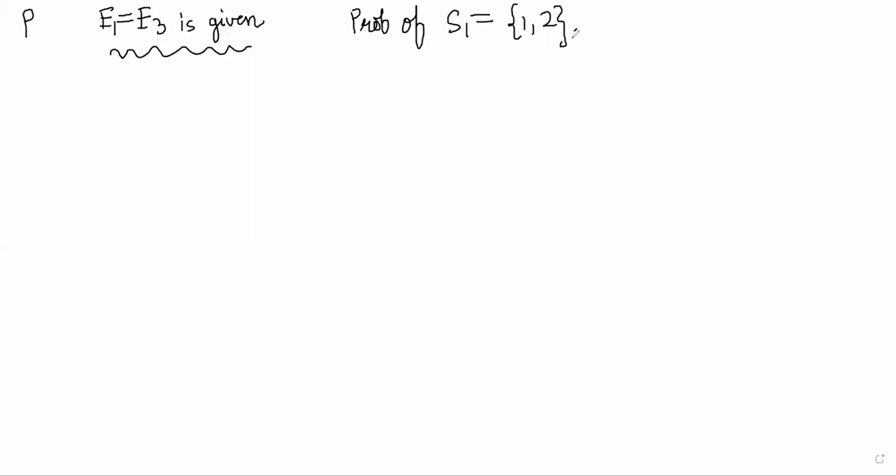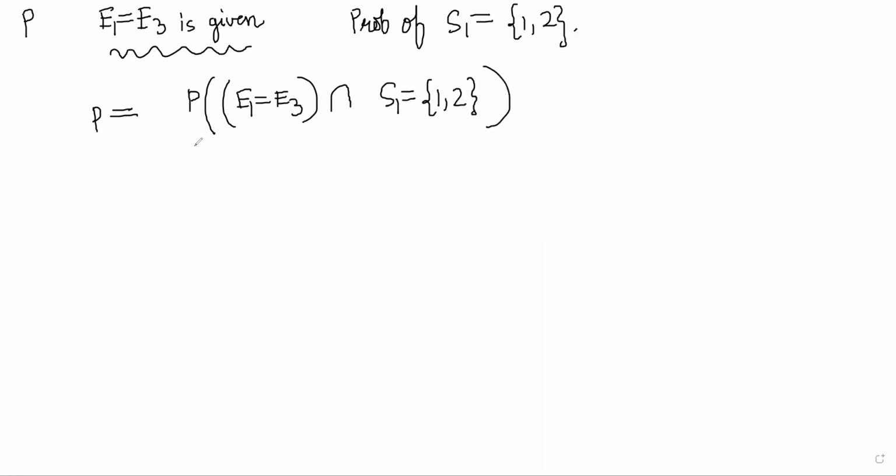Great. So how do we calculate conditional probability? P should be equal to the probability of this event and this event, the intersection of these two, right? So the probability of E1 is equal to E3, this event, intersection with S1 being {1, 2}, divided by the probability of the given condition, the probability of E1 is equal to E3.